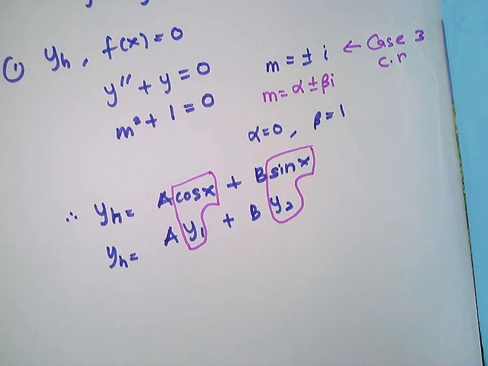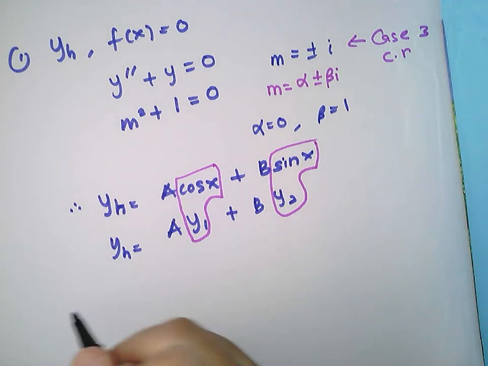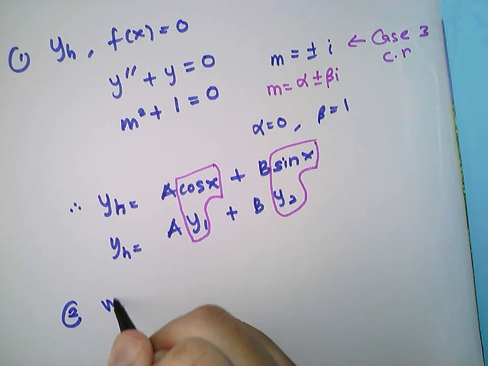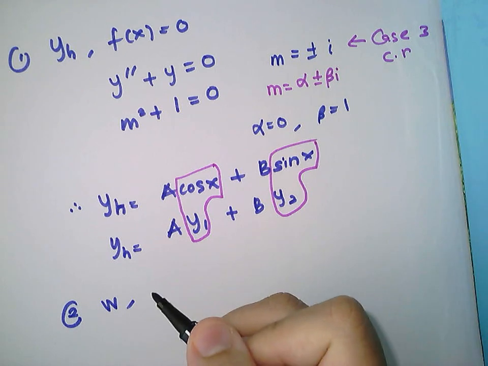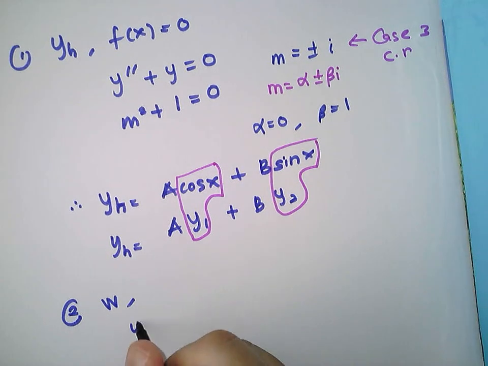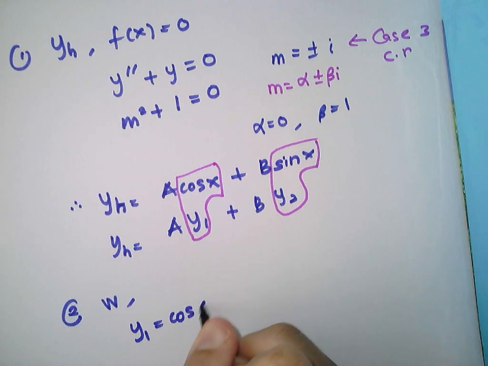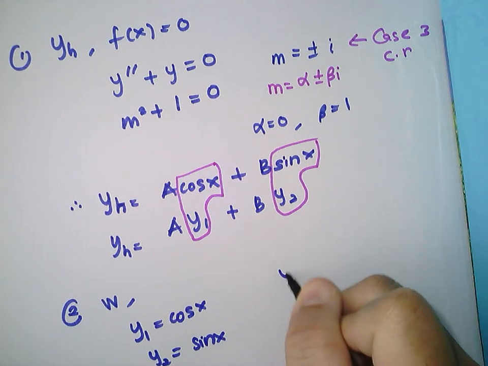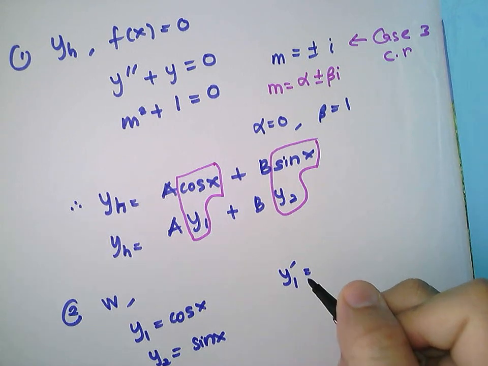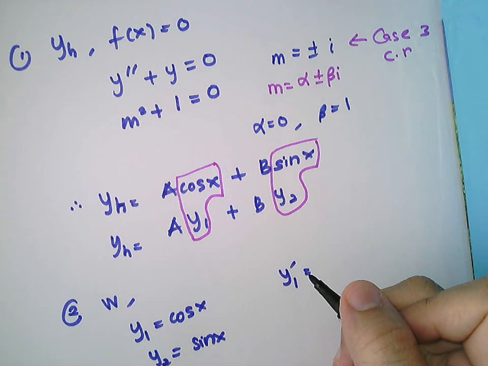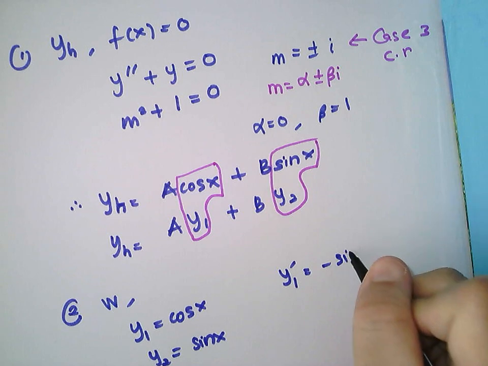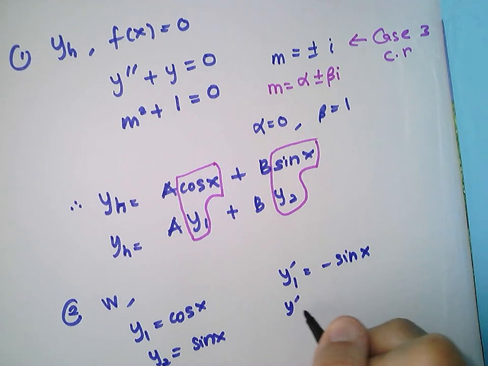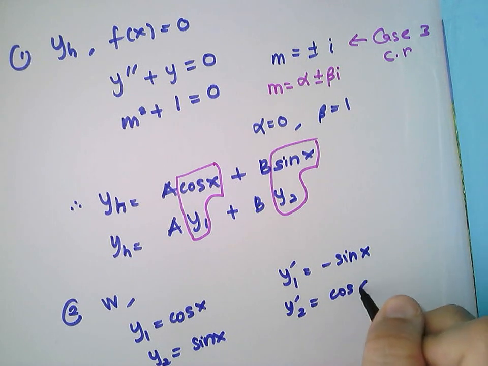The next step is to get the Wronskian function w. So you have to know your y1 and y2. y1 is equals to cos x and your y2 is equals to sin x. Differentiate cos will give you negative sin, and differentiate sin will give you cos x.